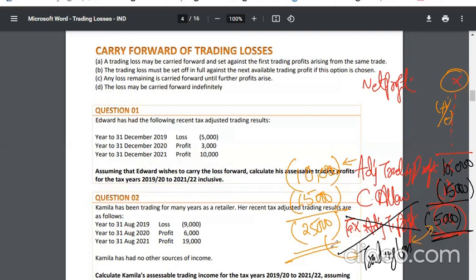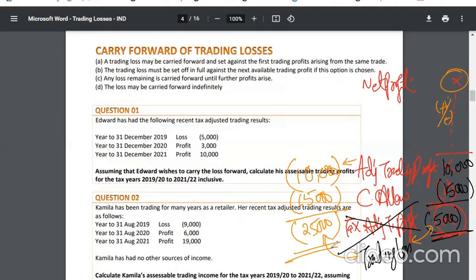This means capital allowance can create a trading loss. In the first case, which I wrote in black color, it was 10,000 positive, but because of 15,000 capital allowance, we got a loss of 5,000.